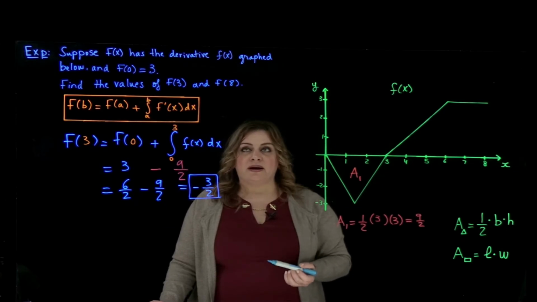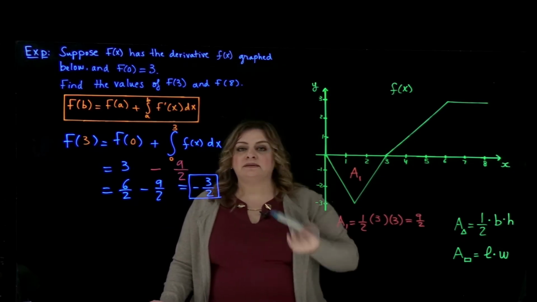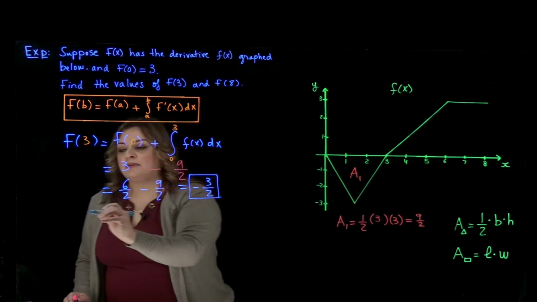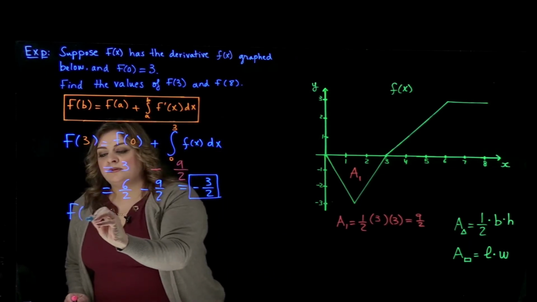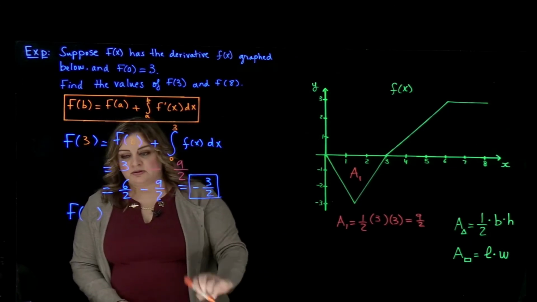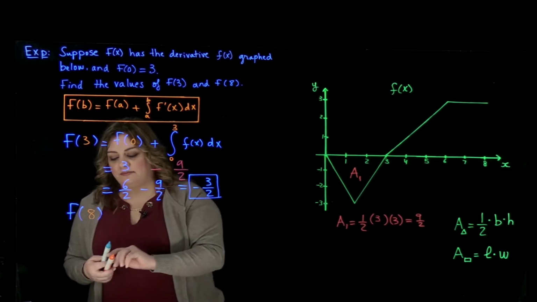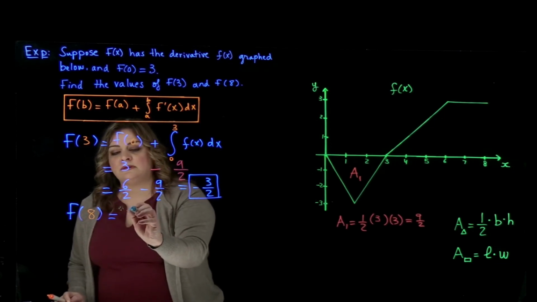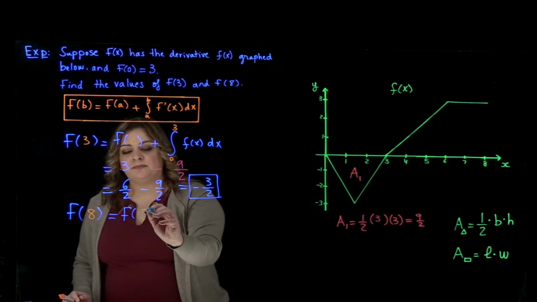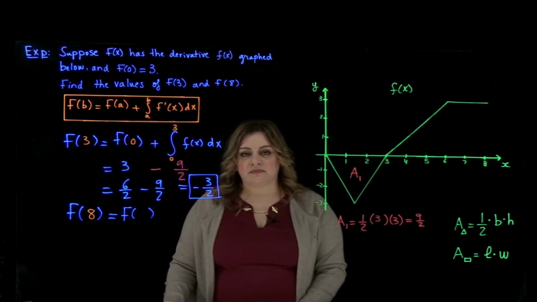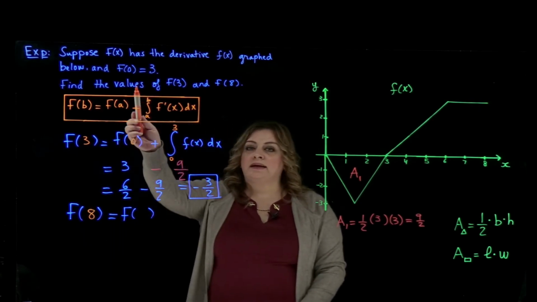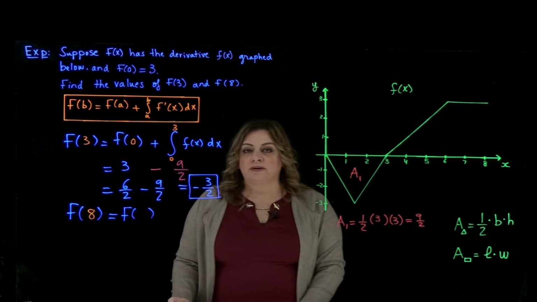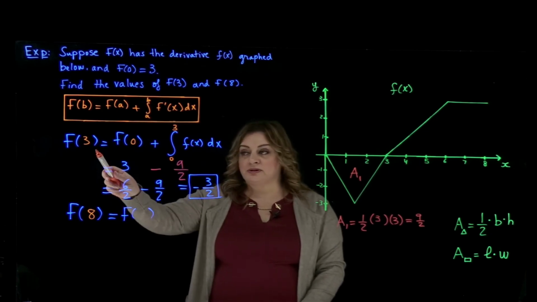Now I want to find the value of big F of 8. B here equals 8, equals big F of A. I may let A equal 0 because we know the value of big F of 0, or I may let A equal 3.